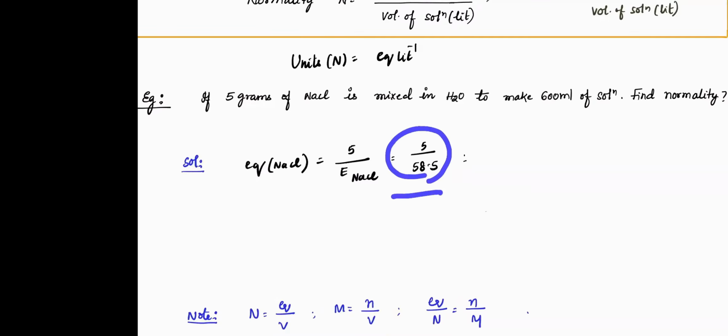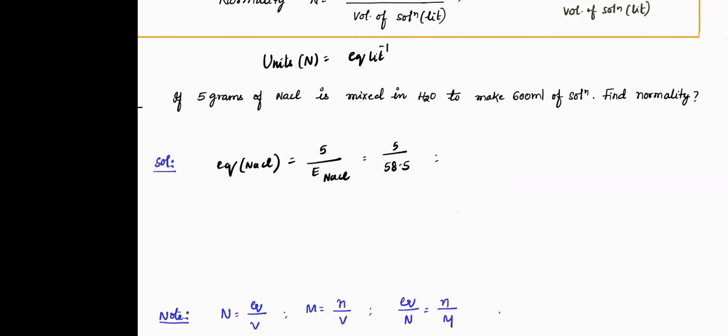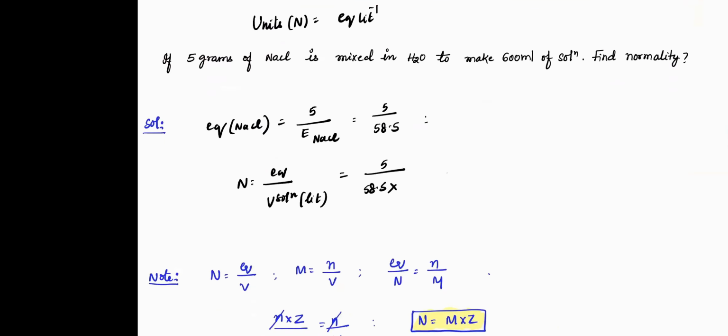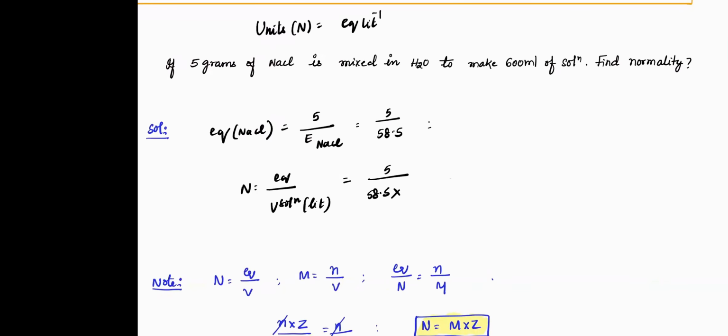Now using this equivalent concept, we can figure out the normality. Normality is equal to number of equivalents divided by volume of solution in liters, just like molarity. So that is 5 by 58.5, divided by the volume of solution, which is 600 ml.